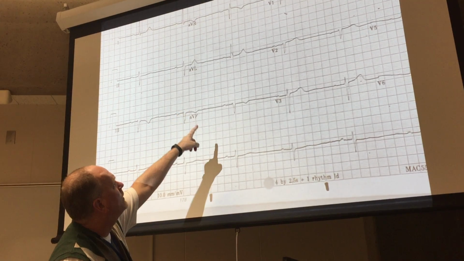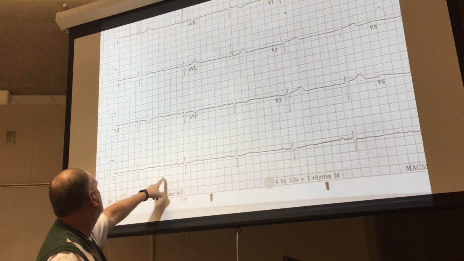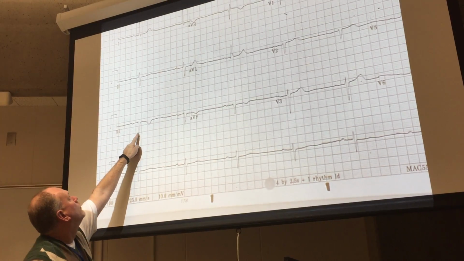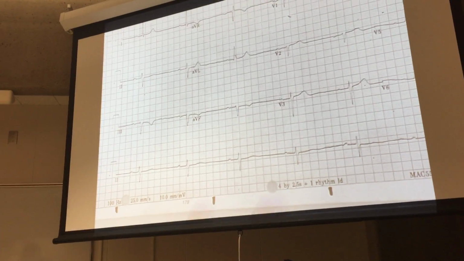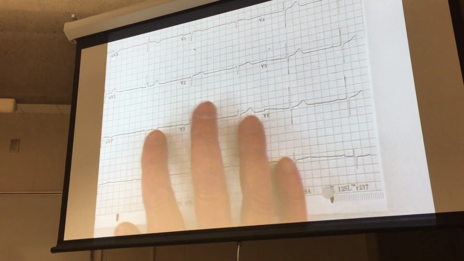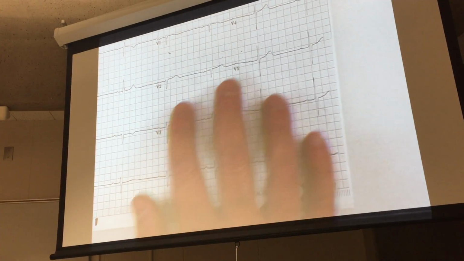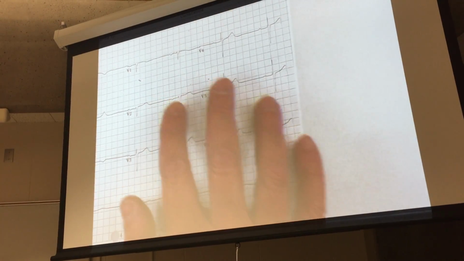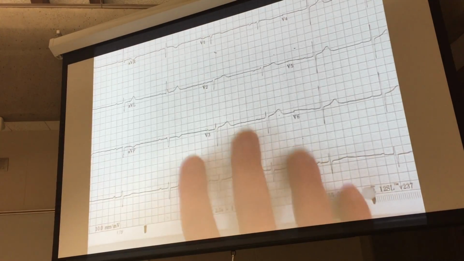Where else do we see one? Here. Maybe up here on picture 2. Let me see if I can move that. You can look at all the pictures, I put them all up there. Yep, I say possible bundle branch block.